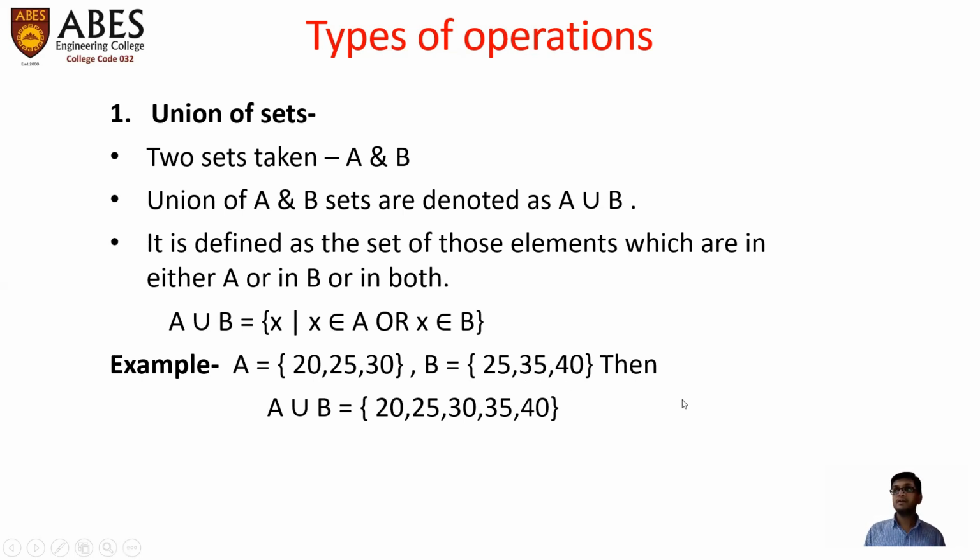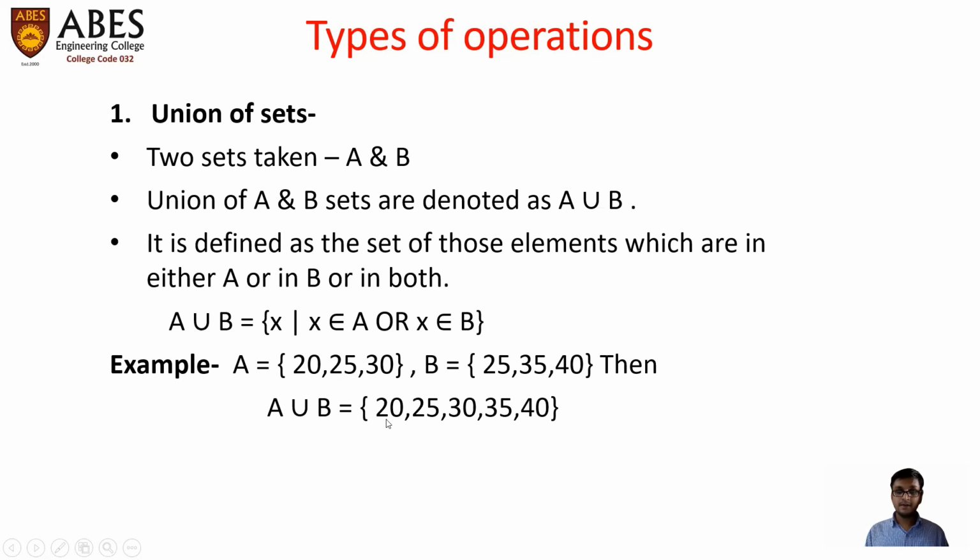If we perform the union operation between A and B, how do these elements come in the result? According to the definition, whatever elements are present in the union can be taken from set A, or from set B, or from both. Here I am taking the first elements from set A: 20, 25, 30.